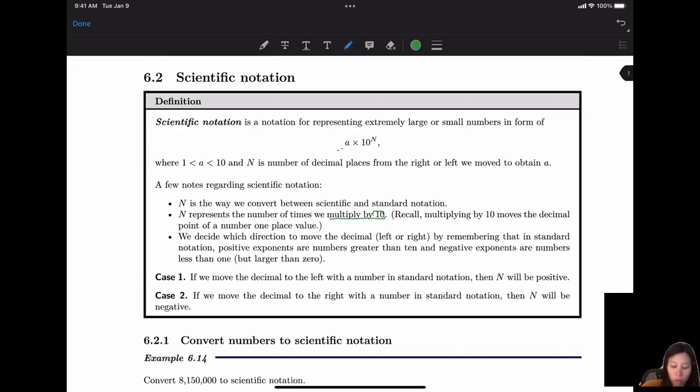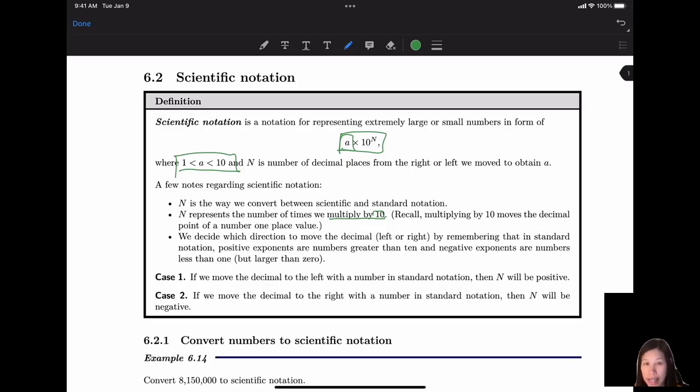So, a couple things you need to know. a has to be between 1 and 10. If it's not, you still need to keep converting to the right scientific notation. And if n is a positive number, this whole number is going to be greater than 10.